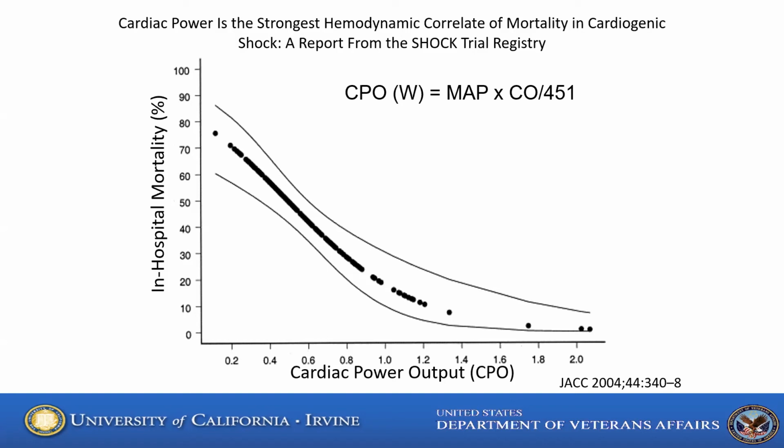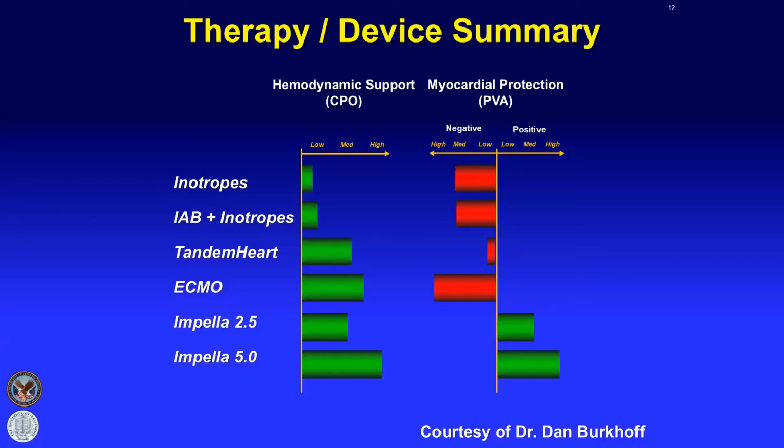But nonetheless, when your cardiac power output is less than 0.6, and certainly less than 0.8, your survival is reduced significantly, such that your mortality rate is 30% or greater. So it's important to think of this power output in terms of cardiac output and pressure, because it does influence survival.